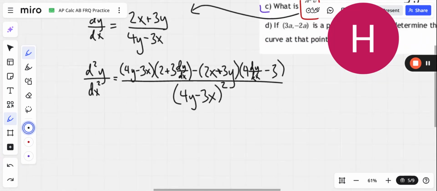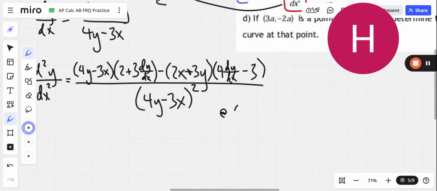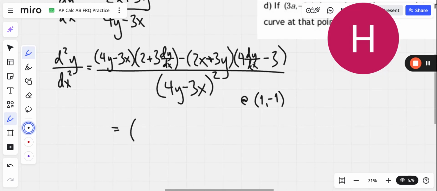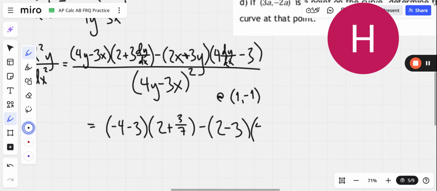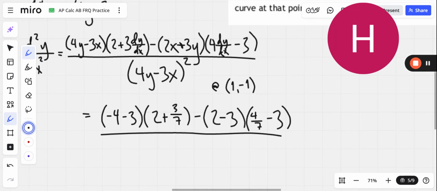It's 1/7. So at the point 1, negative 1, this becomes negative 4 minus 3, so that's negative 7, times 2 plus 3 times 1/7, minus 2 minus 3 times the quantity 4 times 1/7 minus 3, all over negative 4 minus 3 again, and then squared.